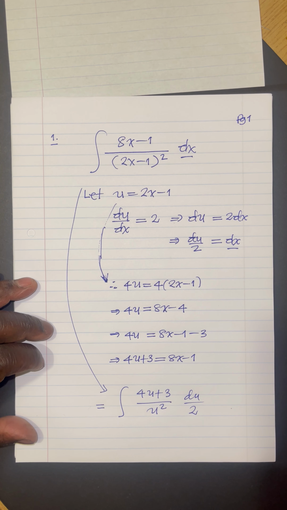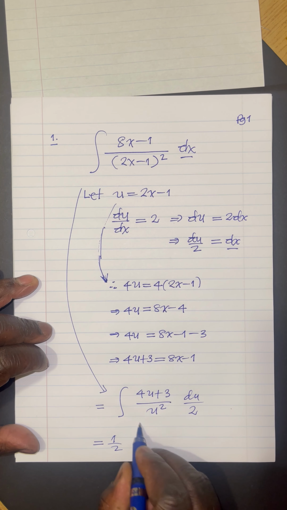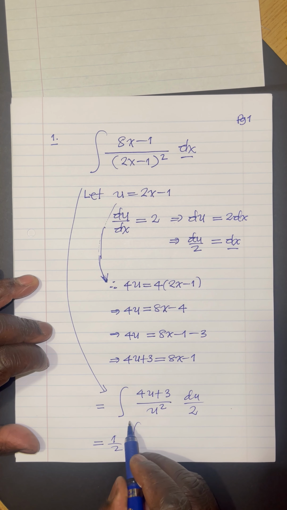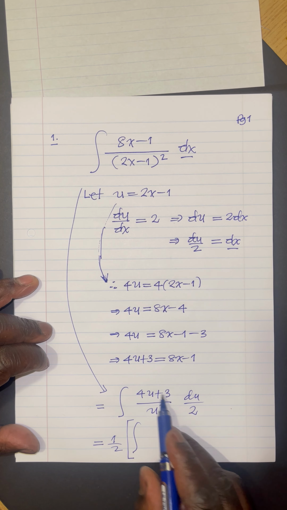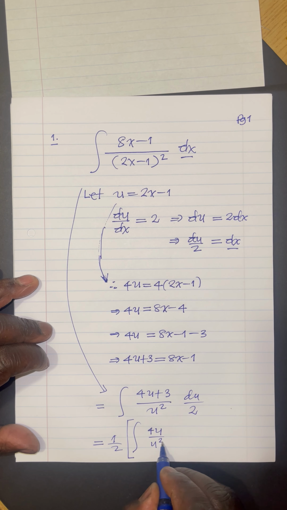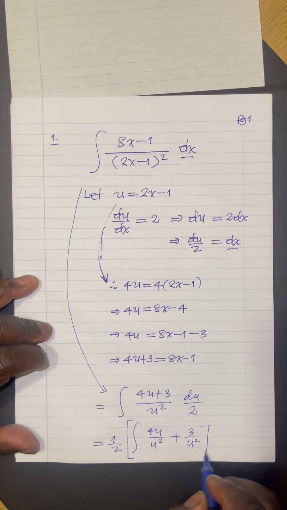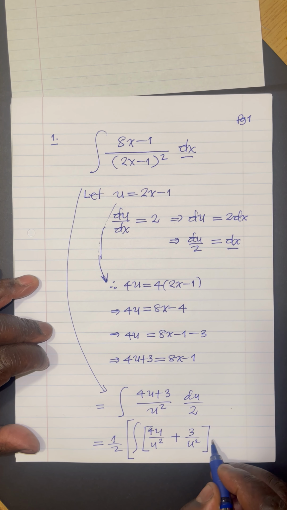Now this is wonderful. So I can take half out because it's a constant, 1 over 2, the integral of, and allow me to use term-wise division here. So I'm going to have 4u all over u squared plus 3 all over u squared, like that, du.